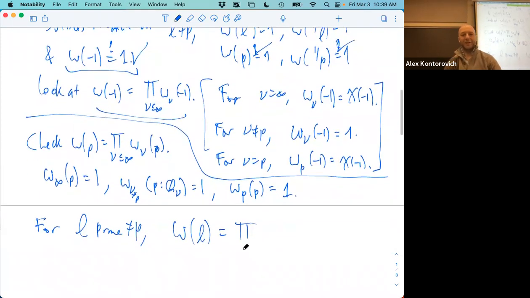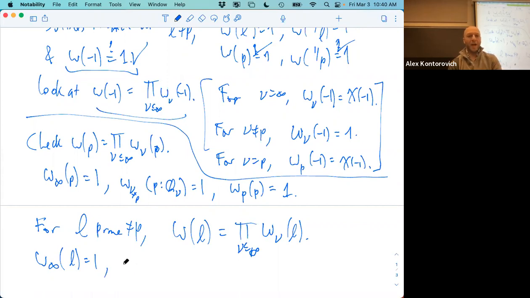Again, it's a product over nu less than infinity of omega_nu of L. What happens at infinity? It's 1, regardless of the sign of chi. It's either 1 or the sign, but L is positive.